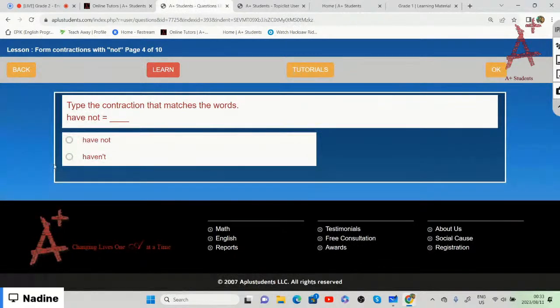And in have not, we need to type the contraction that matches the words have not. Is it the first option, have not, or option two, haven't? If we choose the correct contraction, haven't is our contraction.